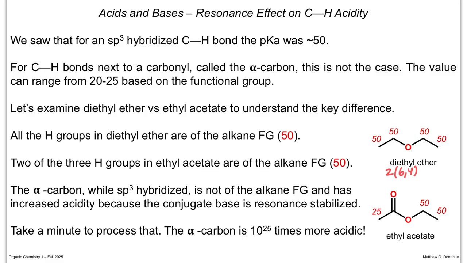I've just shown the pKa values for all of those different groups. When you look at the carbon hybridization for each, it's sp3. So that's going to categorize them as alkanes, so the pKa's are 50.